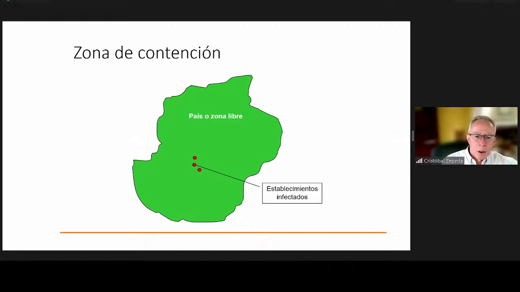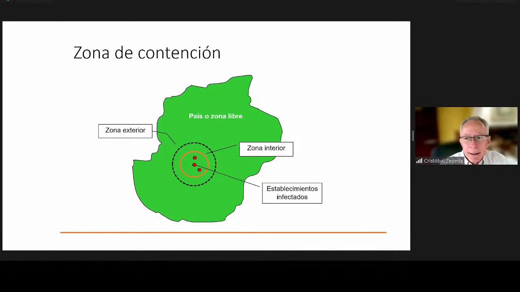So the containment area, in summary: if we have outbreaks in a free zone or country, then we can establish some control measures. Once the disease is under control, but the time needed to resume the criteria for freedom has not yet passed, the rest of the country or free zone can still be recognized as a free zone once we have limited this containment area.